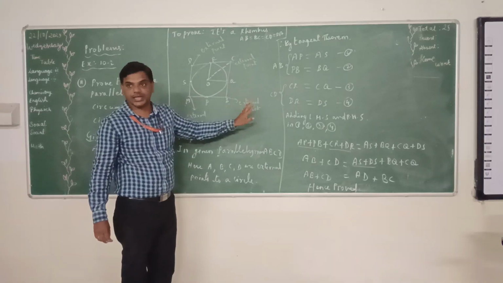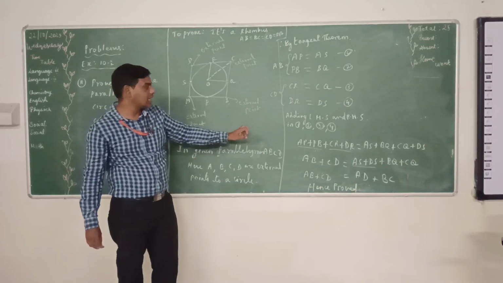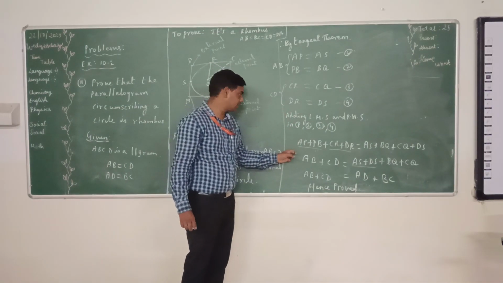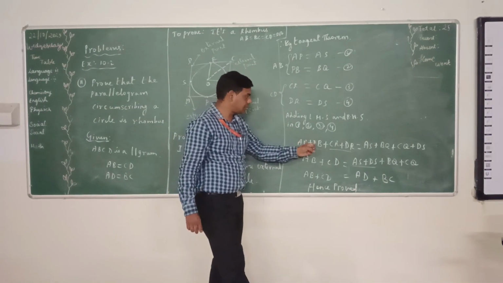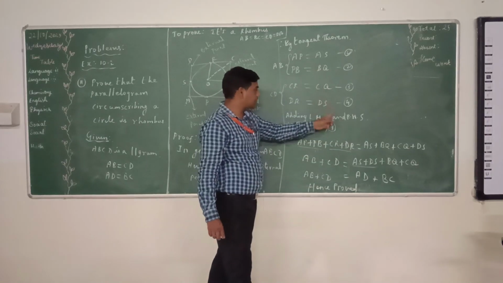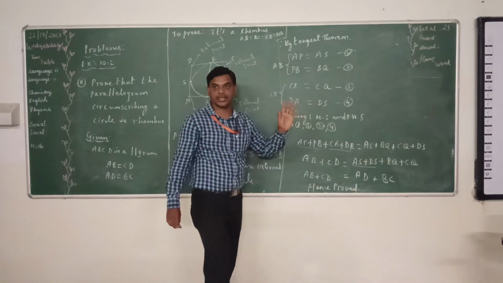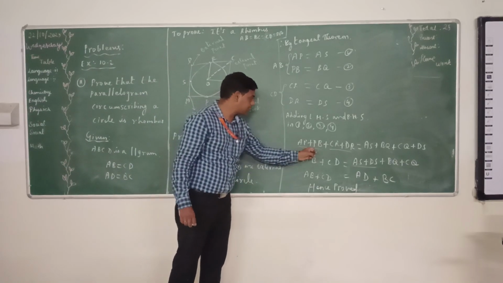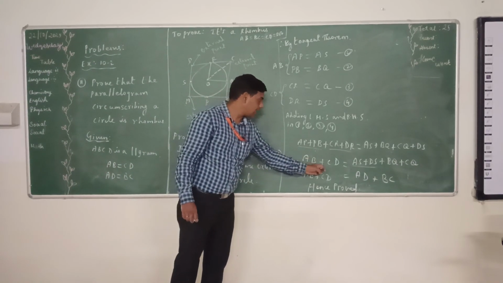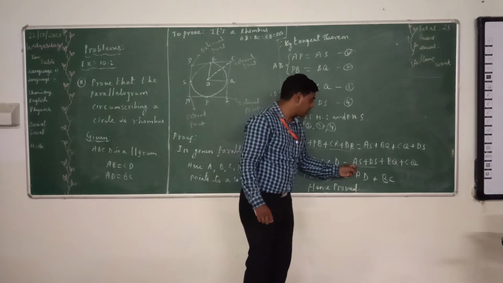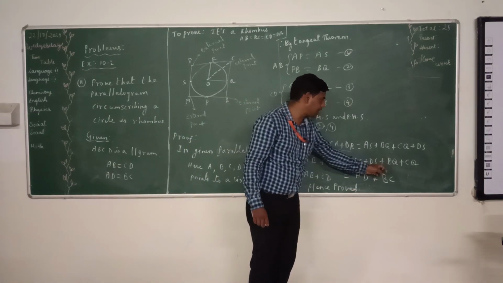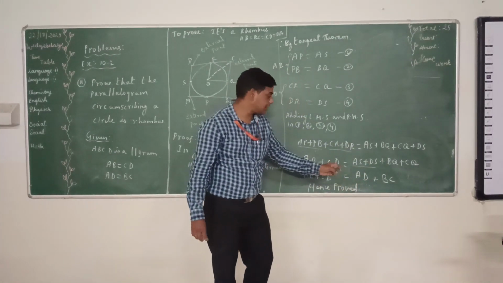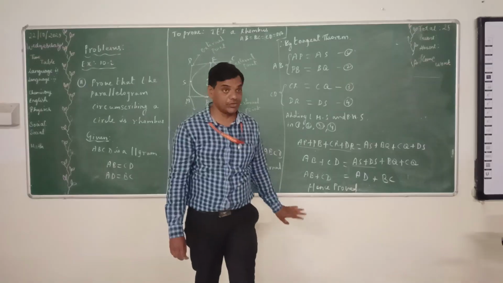Adding these, AP plus PB plus CR plus DR is equal to AS plus BQ plus CQ plus DS. Now AP plus PB is AB, and CR plus DR is CD. Regrouping, AS plus DS is AD, and BQ plus CQ is BC. So we have proved till here.